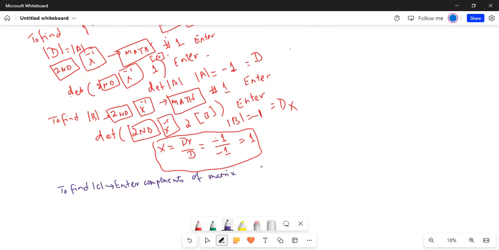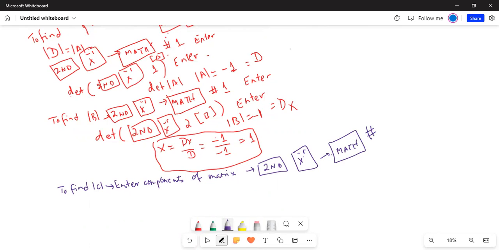We do the second button, then the x minus 1 button. Here we will go to edit, not math.